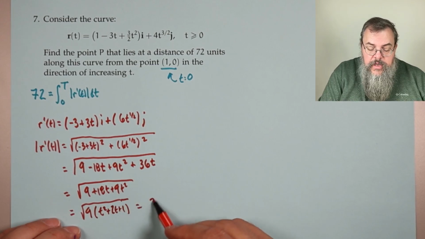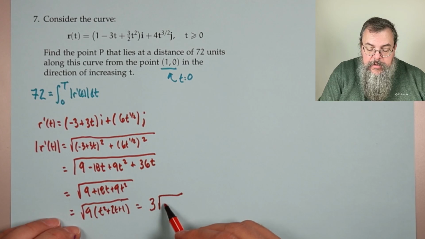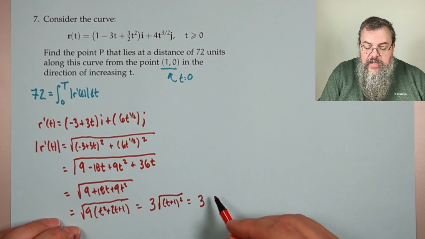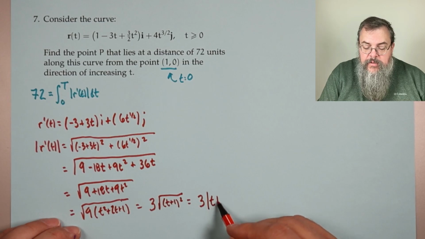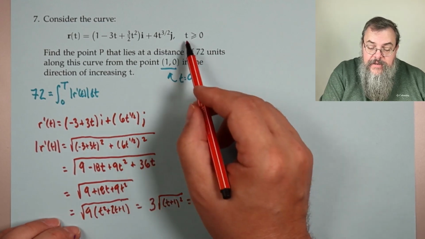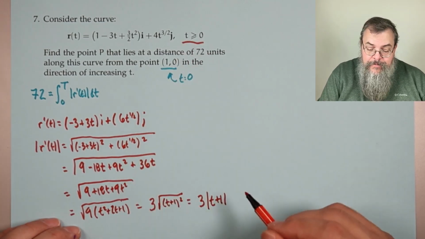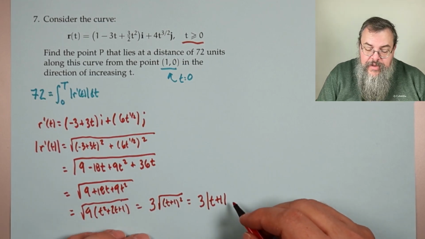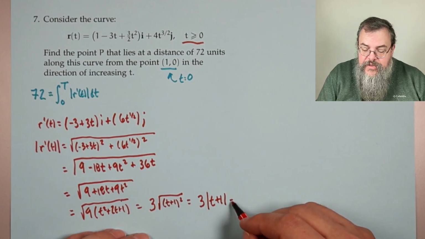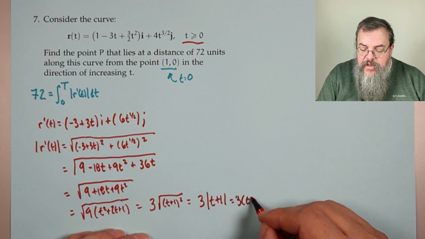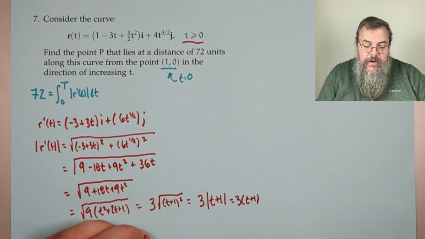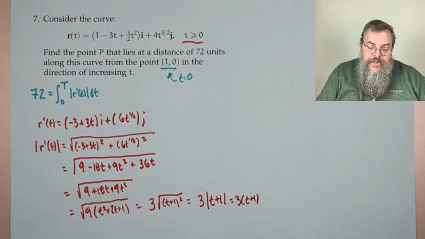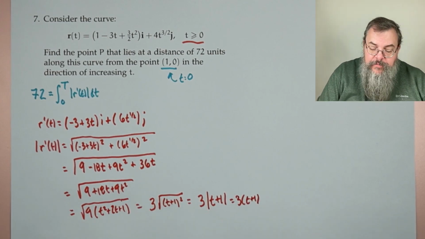Or 3, the square root of 9 is 3, and inside becomes t plus 1 squared. Now, technically, this would be 3 times the absolute value of t plus 1, but you see how t is greater than or equal to 0? So it becomes just 3 times t plus 1. All right, so that's our magnitude of r prime.